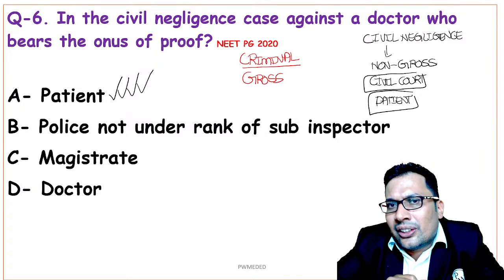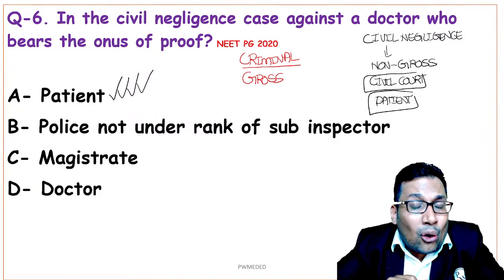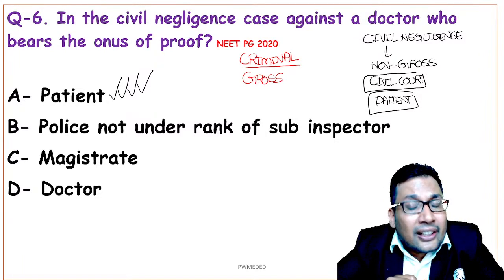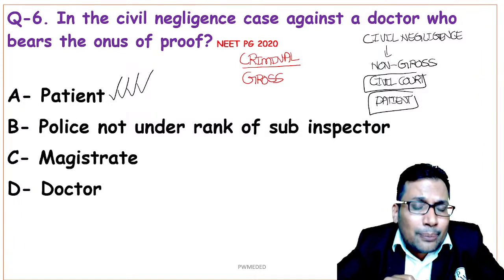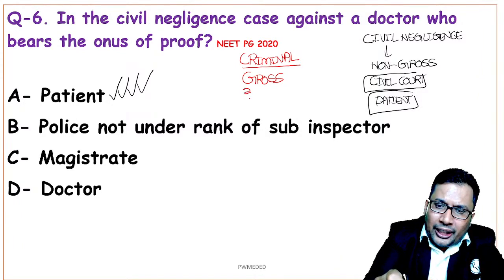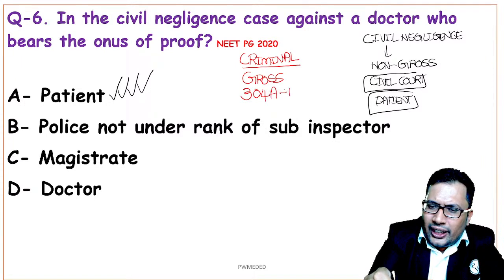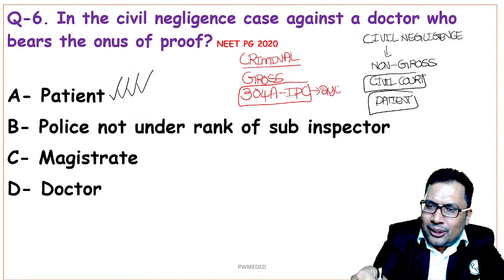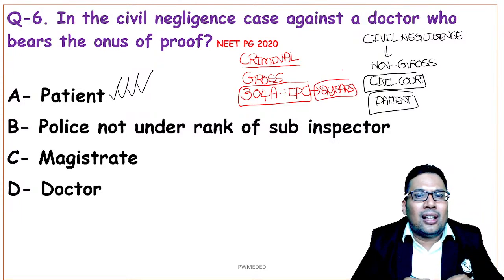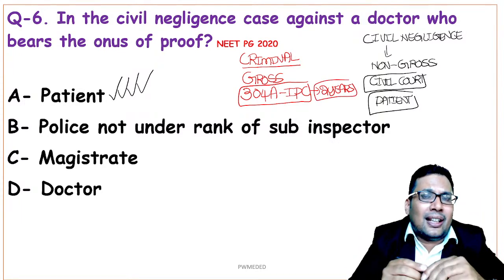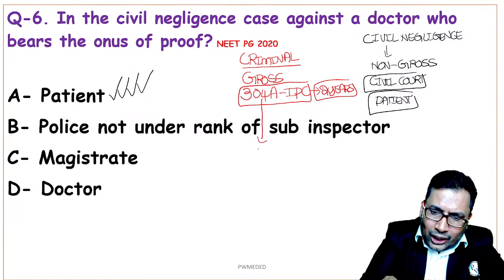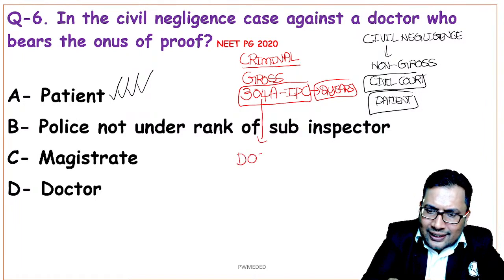Gross negligence was recently asked in the exam. Gross negligence is punishable under criminal negligence, under 304A IPC. The punishment is 2 years of imprisonment. And remember, in criminal negligence, the doctor has to prove his innocence.